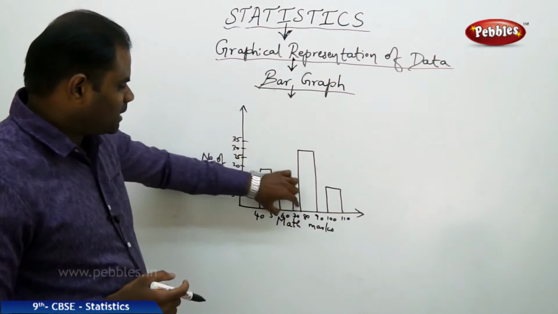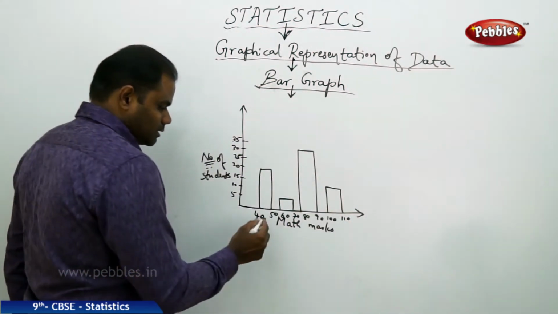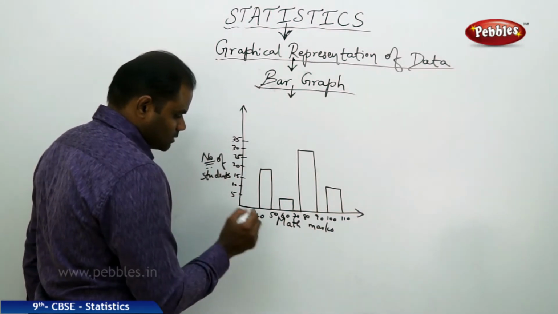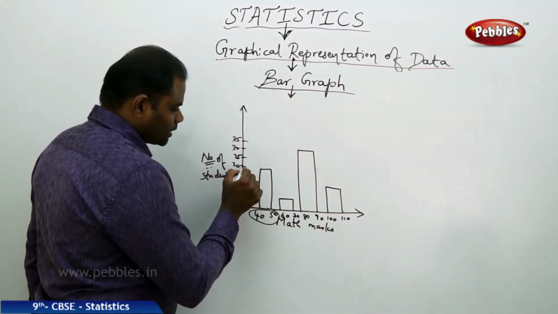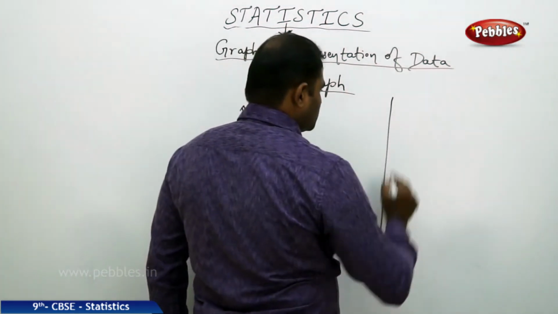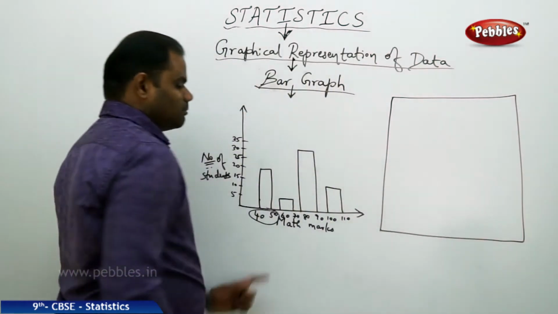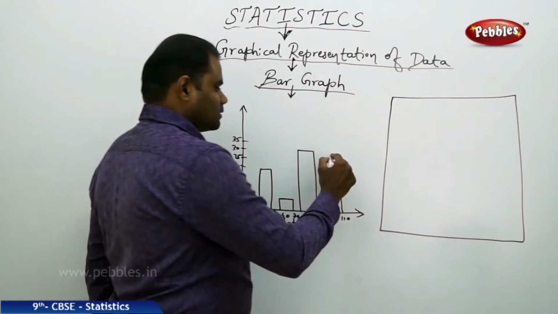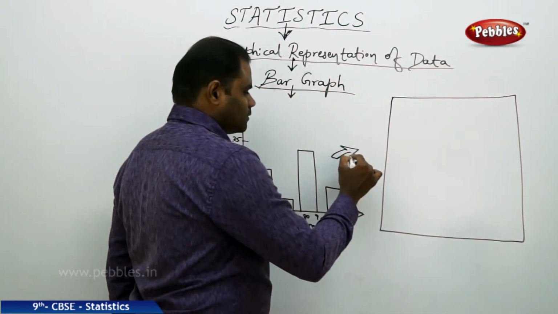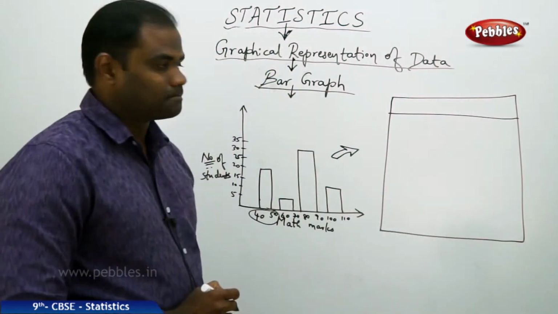It generally has bars in this form, and the bars make us understand that the number of students who got marks between 40 and 50 are 20. So here I can convert this into a frequency table by using the bar graph.